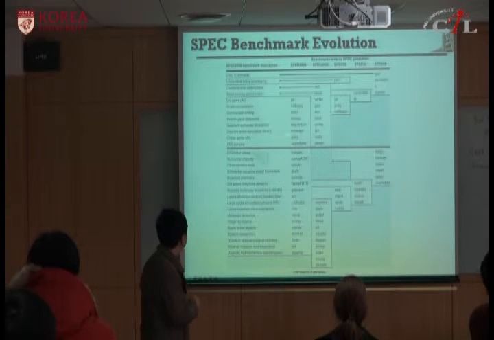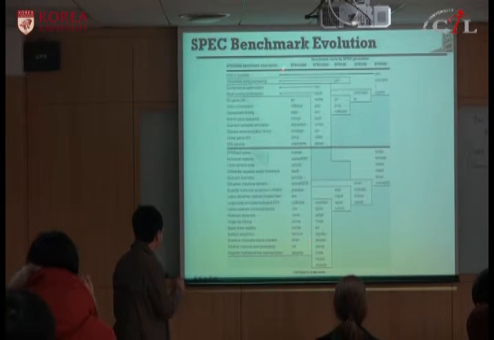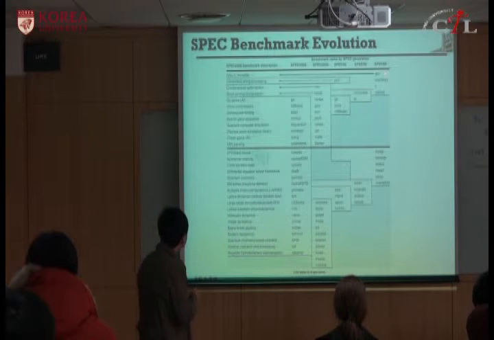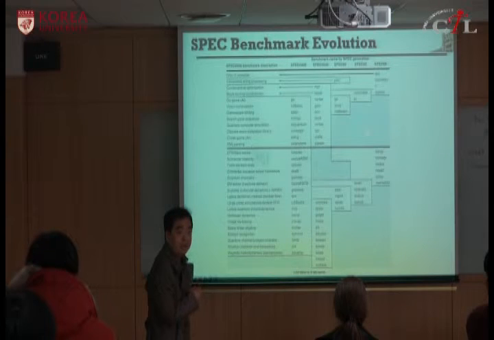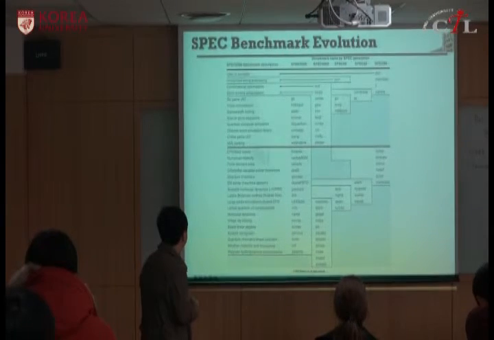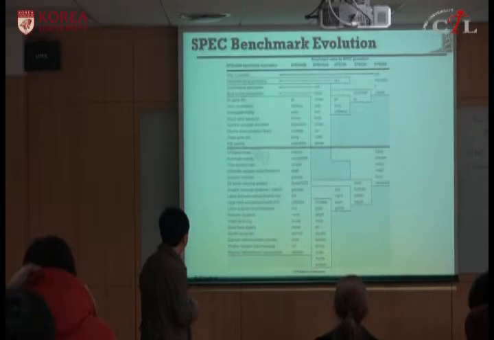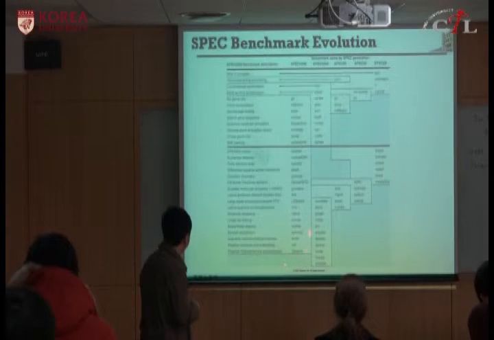Okay? So these are the current ones. They use GCC, Perl, MCF, bzip2, Go, and so on. These are the 12 integer applications used by the SPEC integer benchmark suite. And these are the floating point benchmarks.